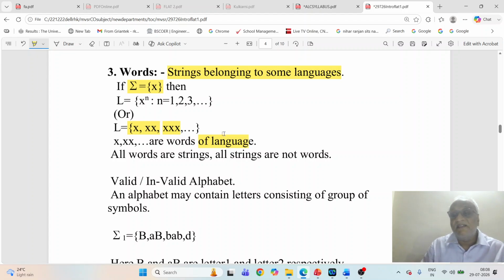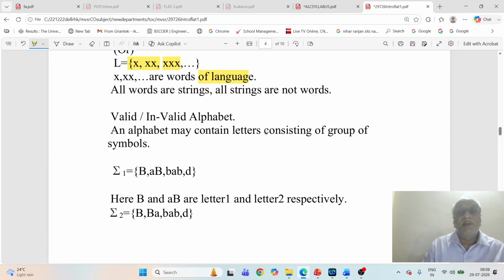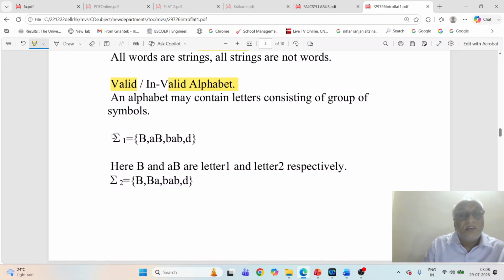We'll understand that with further examples, but we also need to understand what is a valid alphabet and what is an invalid alphabet. Here my alphabet consists of B, AB, BAB, D. AB is a letter, and BAB also is a letter. They are not three different letters; each is a single letter.